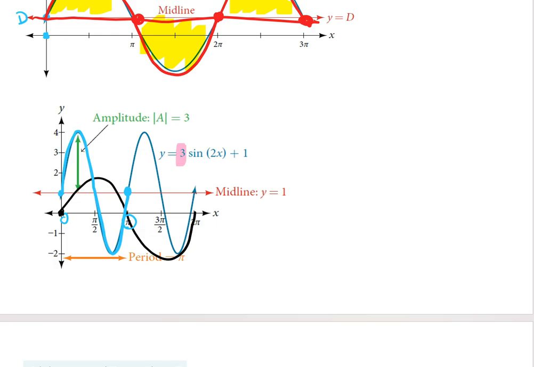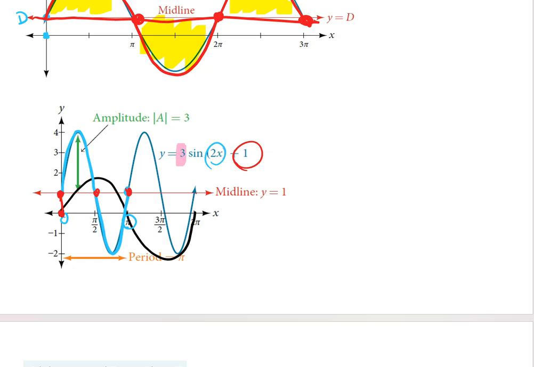So instead of just x, they've got 2x in there. And then it went up by 1. It rose up by 1 because it went from here up to there. All of these are 1 above the x-axis. And that's when it shifts vertically.